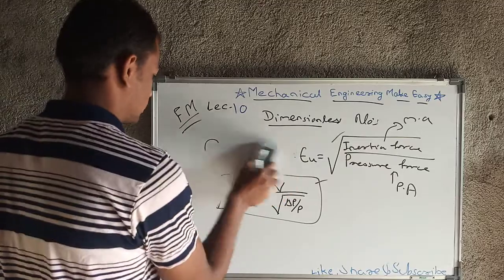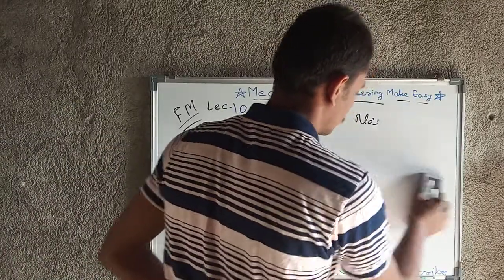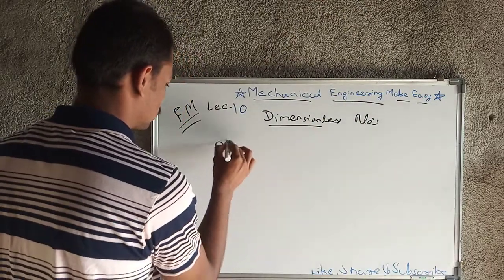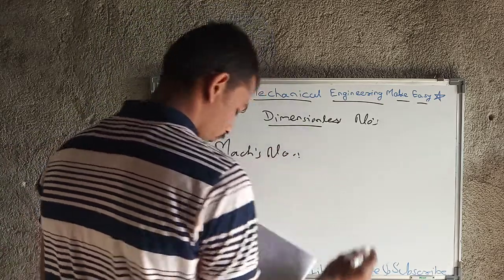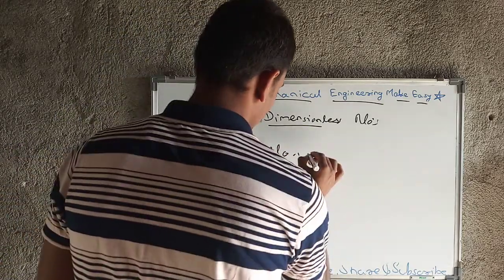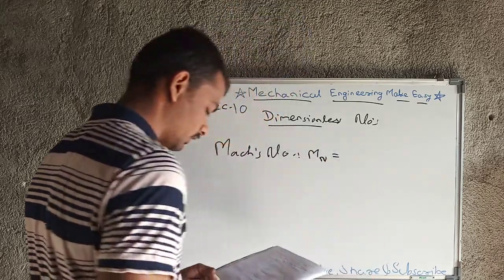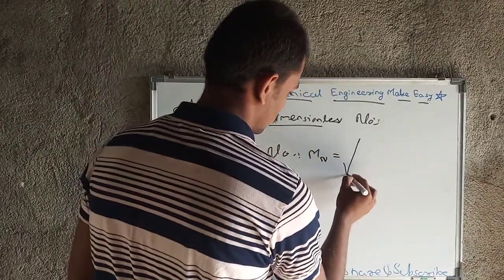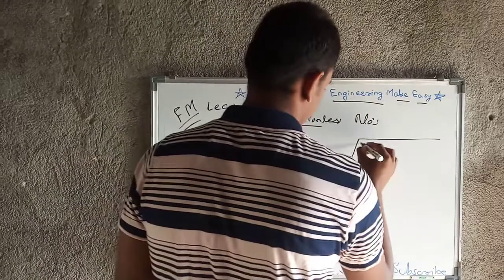Next is Mach number, which is denoted by M suffix n. It is equal to the square root of inertia force upon elastic force.